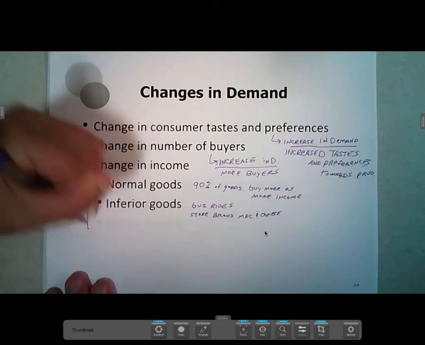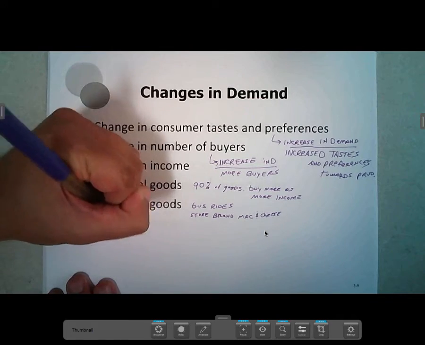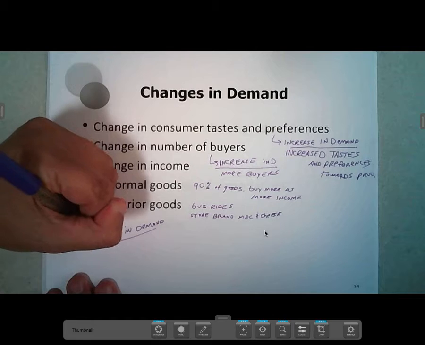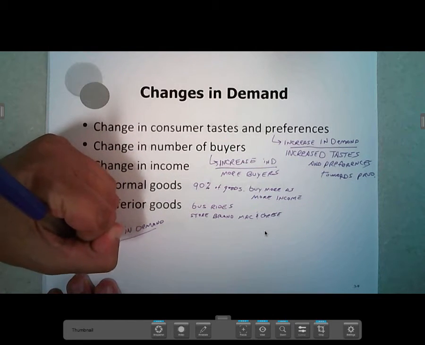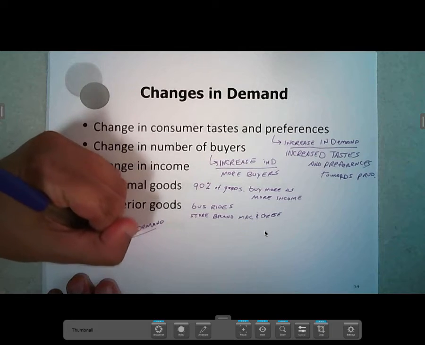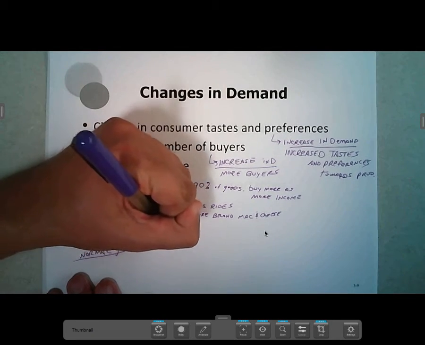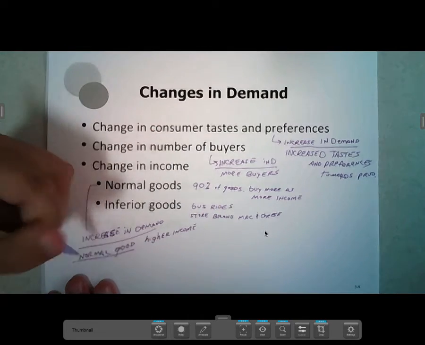So for normal goods, increase in demand. For a normal good, I get higher income.